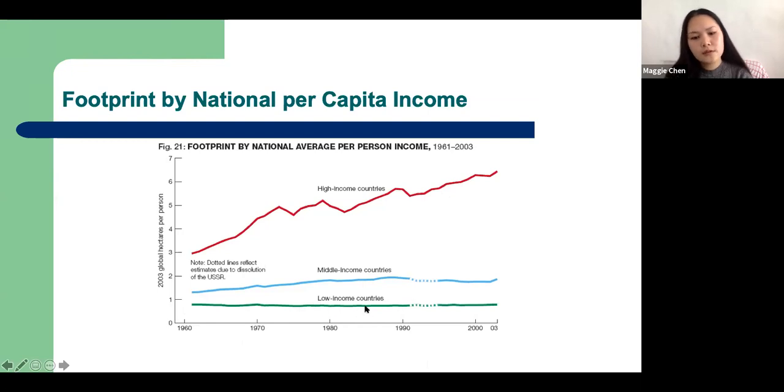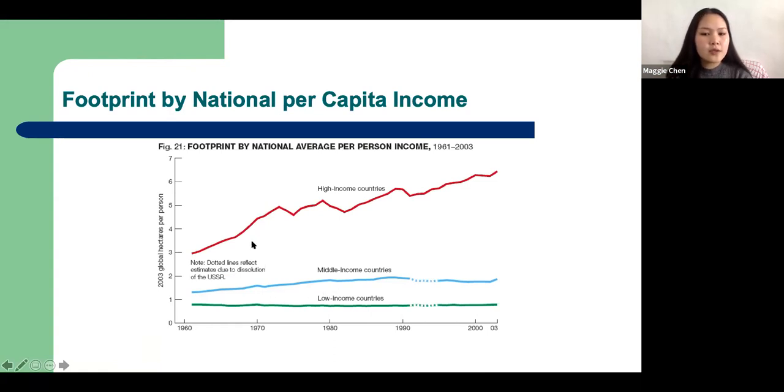Over time, our low income countries are pretty stable. Their ecological footprint, the amount of resources they take up, hasn't really grown all that much. For middle income countries, there was some growth around certain points in time, and some later points where their resource consumption decreased, but generally it's also pretty stable.